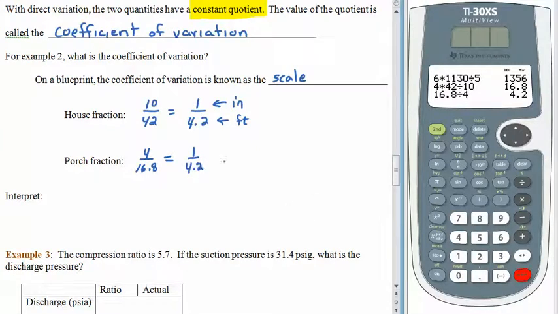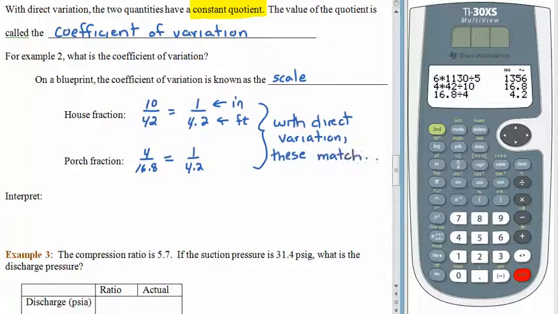Of course, that's the whole point of direct variation, is that with direct variation, these fractions have to match. Sometimes we look at them as fractions, sometimes we look at them as decimals, sometimes we look at them as unit rates or unit ratios. It's all the same.